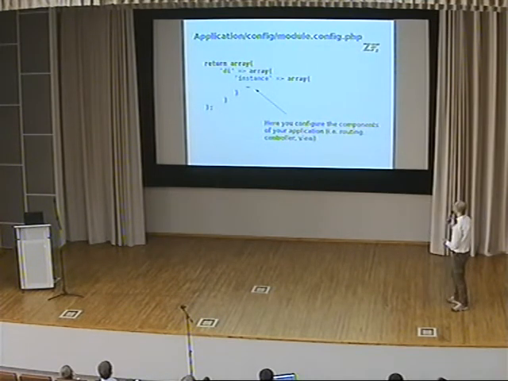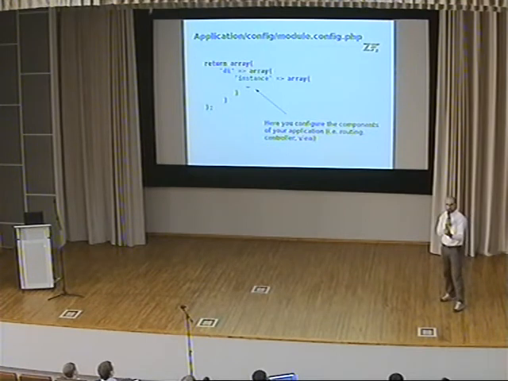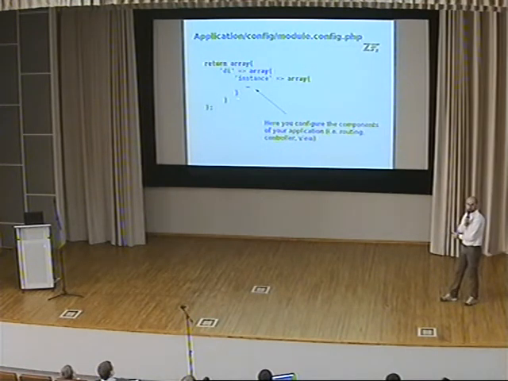For instance, you specify the routing, you specify the objects that must be injected into the controller, the view, and whatever. So the idea, using Zend Framework 2, is that the flow of your application is completely managed by DI, by this configuration file.